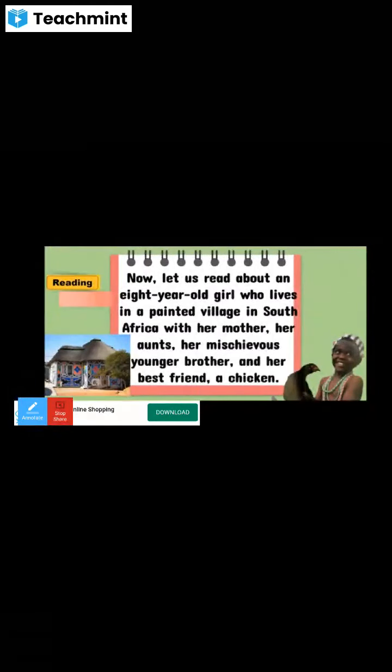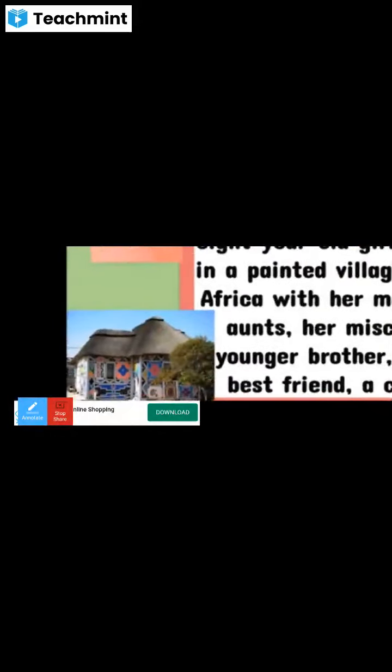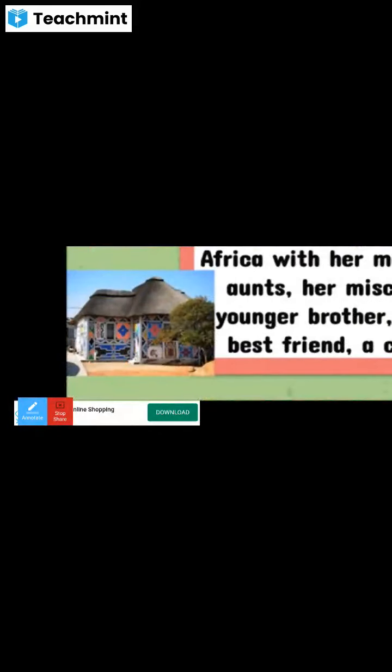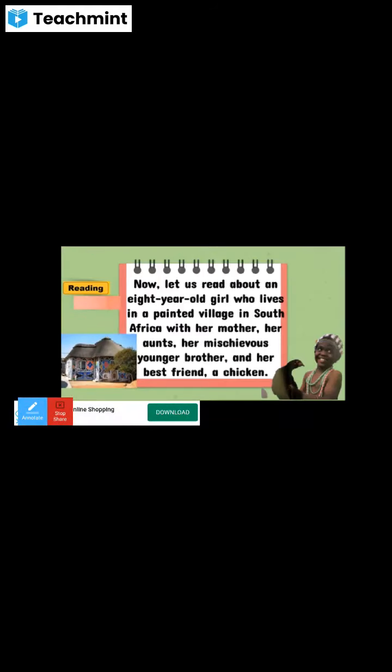She lives in a painted house in a village in South Africa. She lives with her mother, her aunts, her mischievous younger brother, and her best friend, a chicken. She lives in a painted house like this. It's looking like a painted house. You can see in this picture.